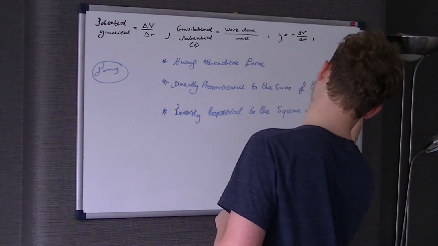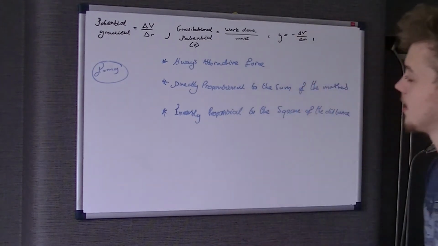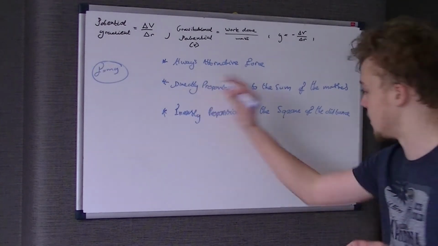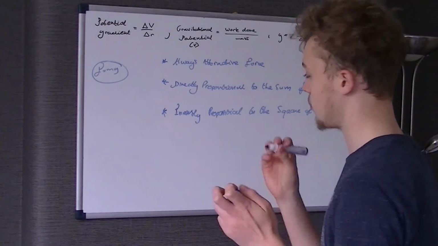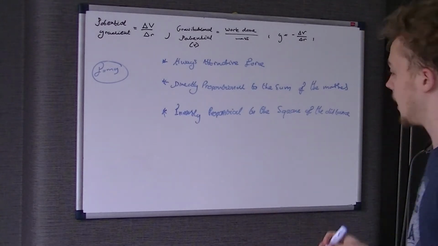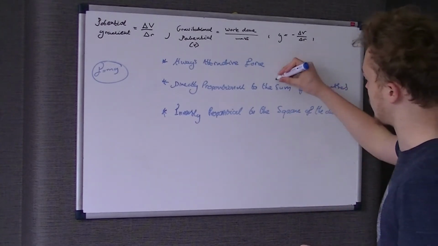Now, obviously, I said the first one was F is equal to the negative of whatever these two points give the formula to be. So the first one really doesn't tell us that much about building up the formula. The second one does. The force is directly proportional to the sum of the masses.